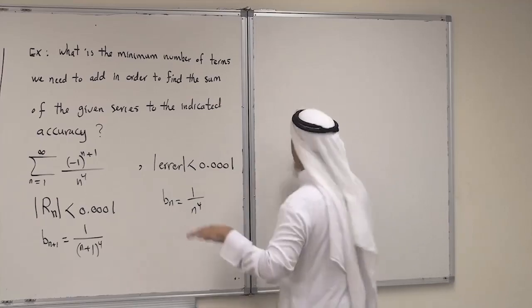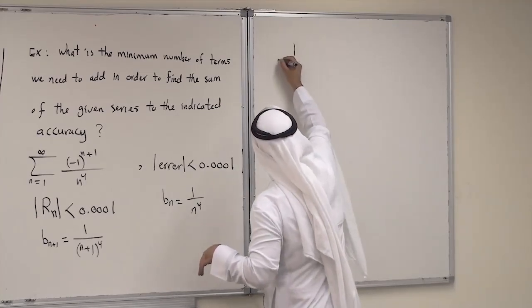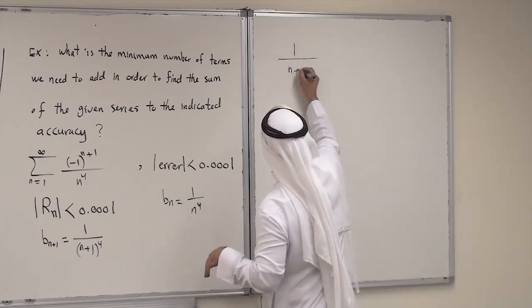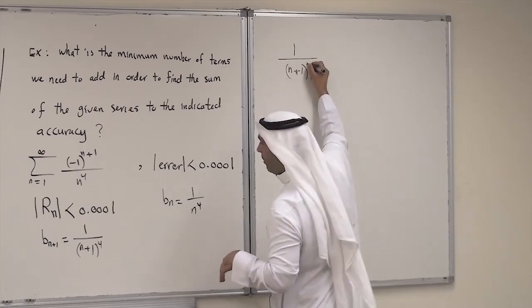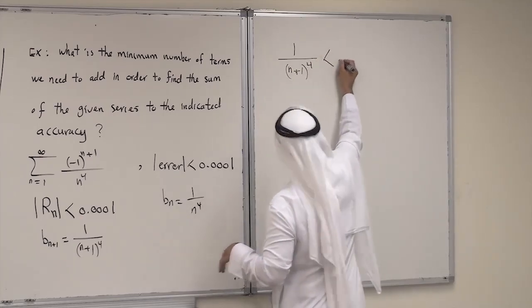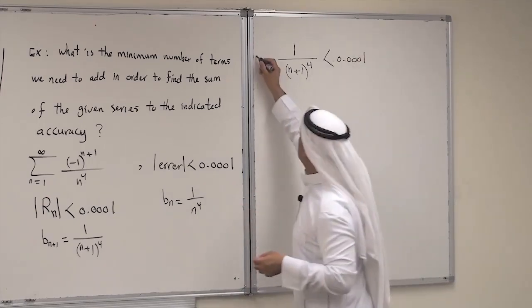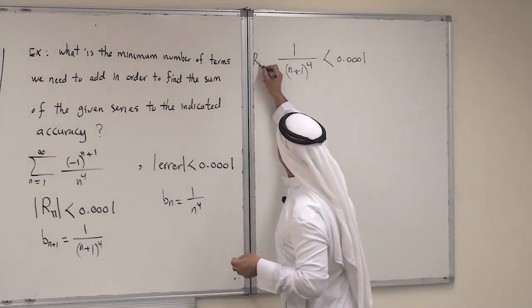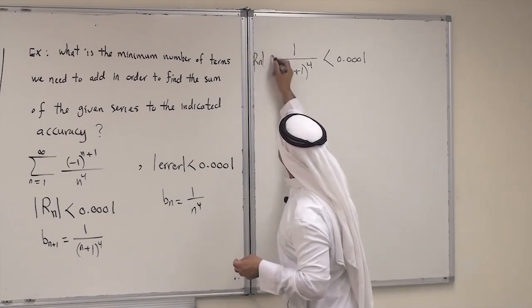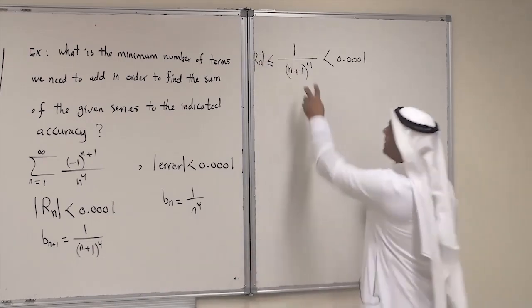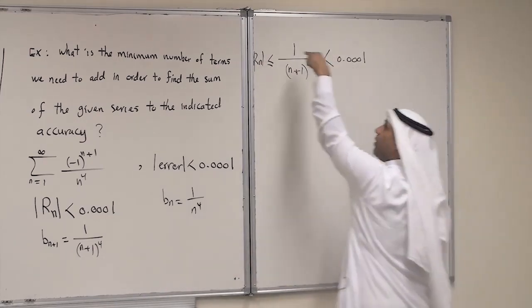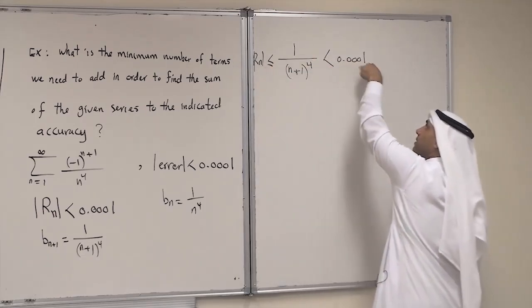So if we can make 1 over n plus 1 to the power 4 less than 0.001, then we are sure the absolute value of our error is less than or equal to this, and so our error is less than 0.001.